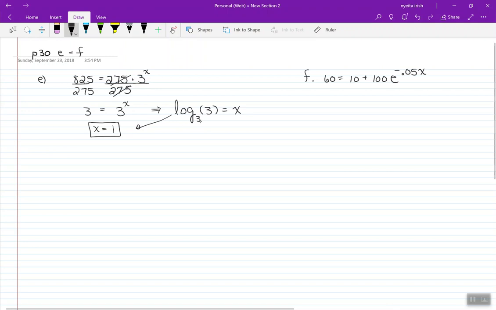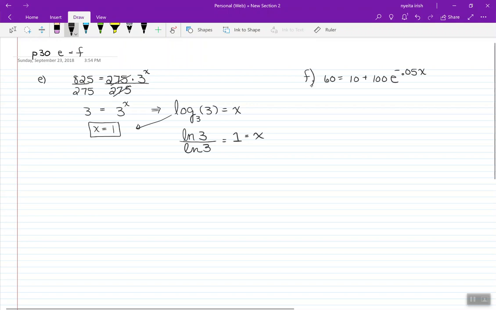Or, if you still didn't recognize, you could do change of base, natural log over natural log, and then the number on top, or the argument, goes on the top, the base on the bottom, and any number divided by itself is also the number 1. So there's a couple of different ways that you could come about that answer.